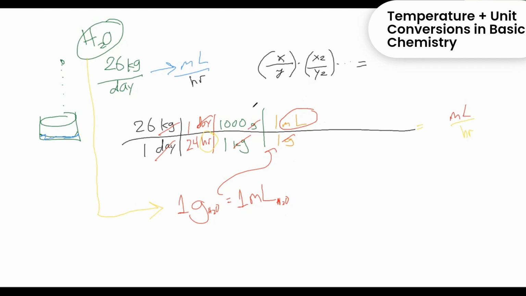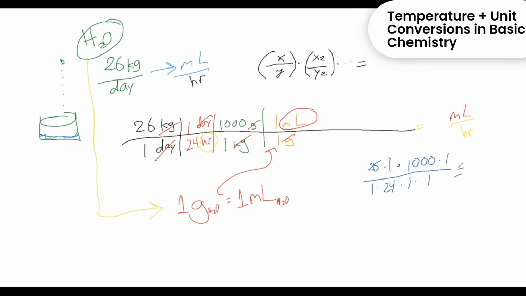I can take 26 times 1 times 1,000 times 1. Okay. And then it's 1 times 24 times 1 times 1.